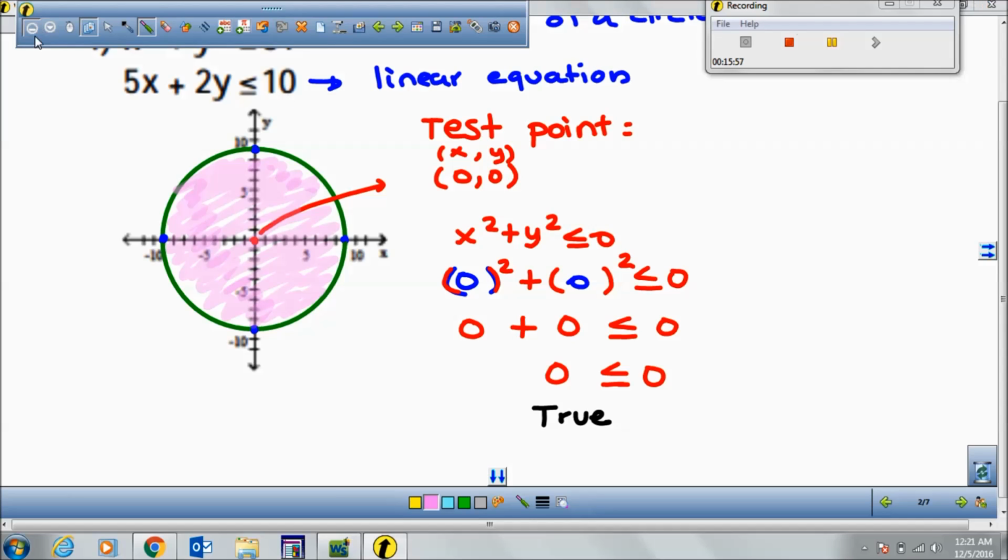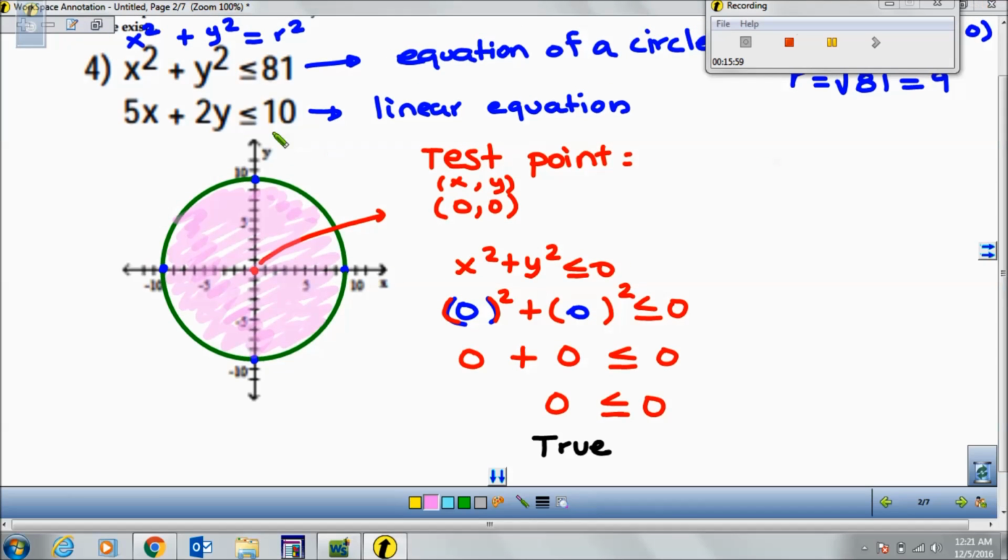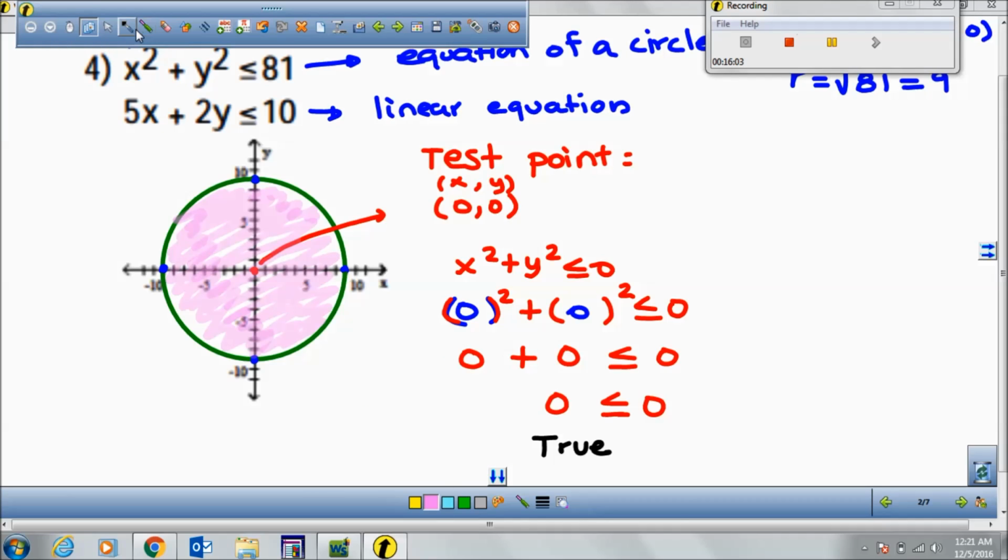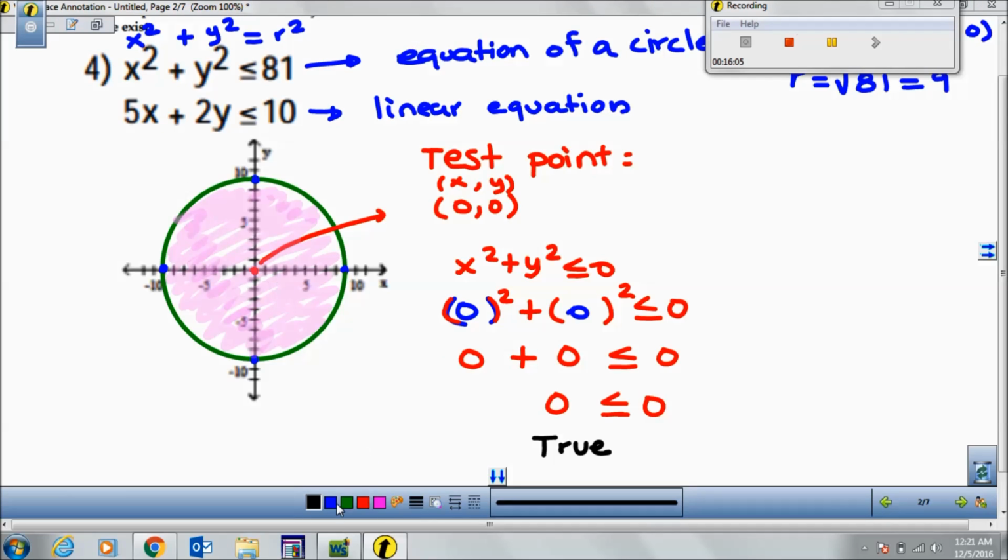Now, this problem has two inequalities, right? Not only one. So now I need to figure out what would be the solution for the other inequality. So for this one over here, I'm going to solve for y first if I want to graph it. Probably because I know that it's a line, the easiest thing that I can do is solve for y, meaning leave the y by itself.